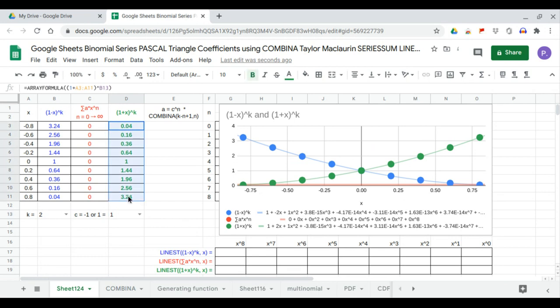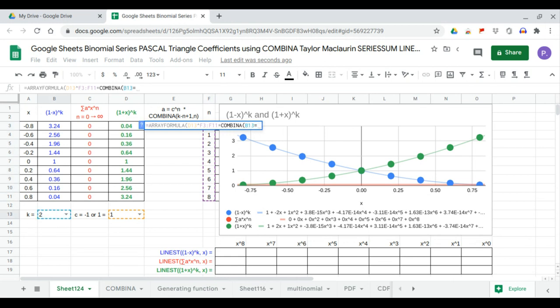So we complete the coefficients of our formula of c raised to the power n times COMBINA of k minus n plus 1, comma n.